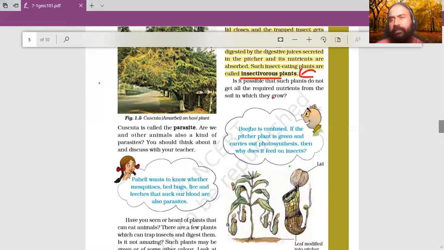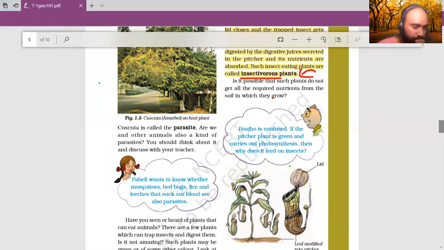Why have some plants in the Amazon rainforest adapted to trap insects? Okay. Fourth question. How does a pitcher plant get nitrogen from the insect?